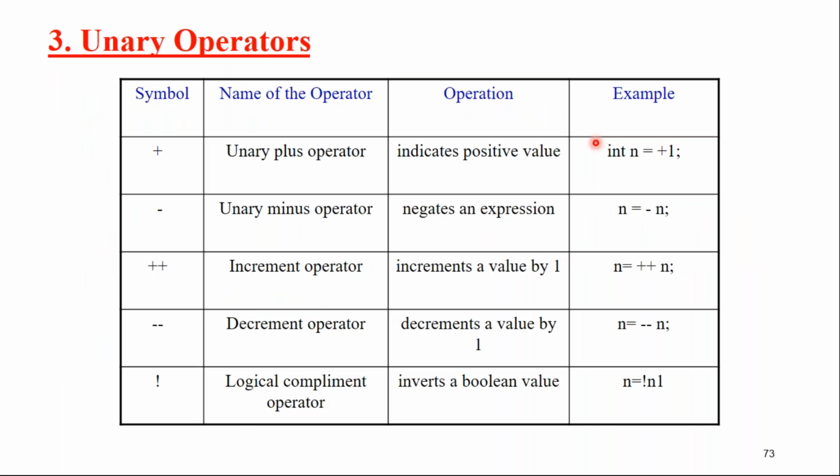Next, unary operators. These unary operators are somewhat similar to arithmetic operators, but if you observe the third operator here, we have two plus symbols and two minus symbols simultaneously.